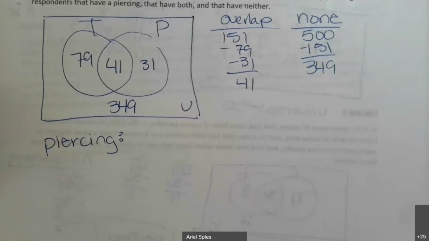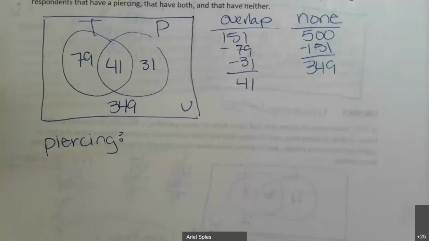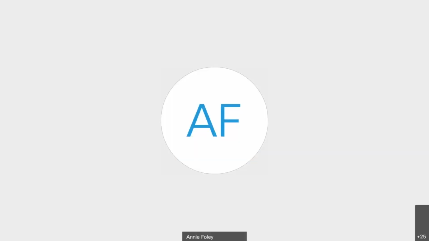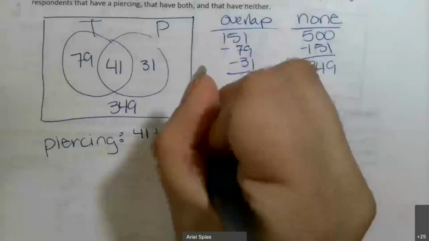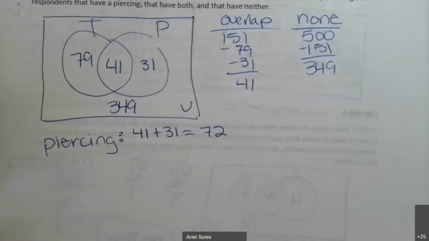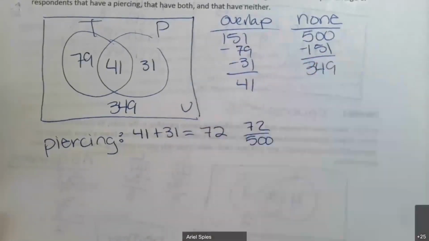31? No, because it's everyone who has a piercing, not just piercings only. Oh, would that be 41 plus 31? Yeah. So 41 plus 31, which is 72 total people who have a piercing. Then I want to make a fraction to find the percent. So I have 72 over 500.